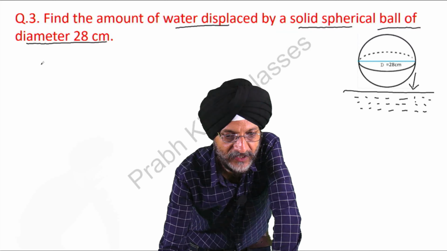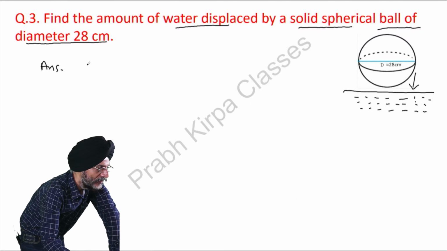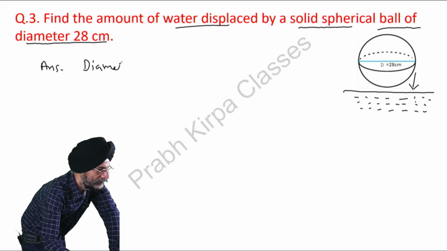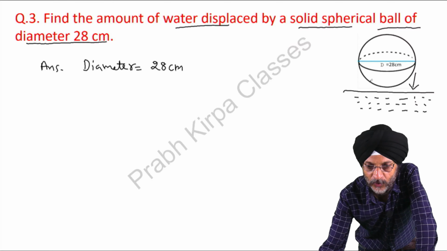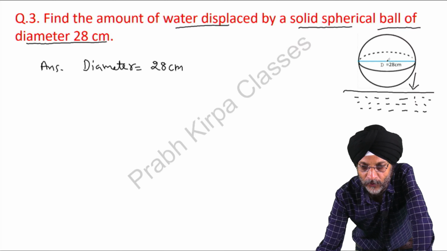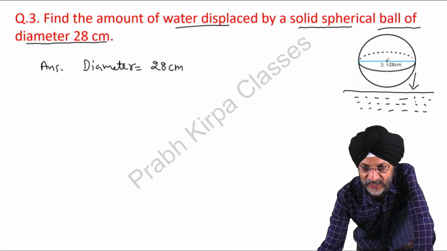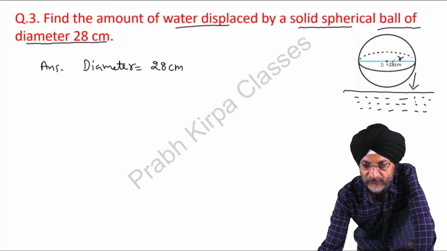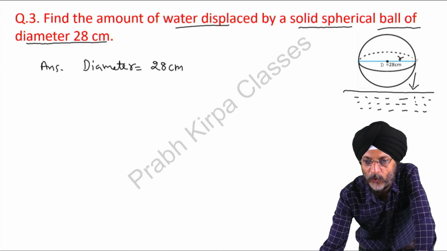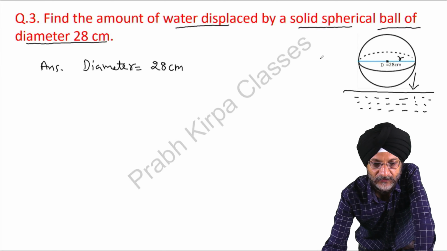So now what is given to us is, we have been given diameter. Diameter is equal to 28 centimeter. You can see here that this is diameter. From this, we know that from the center, this is known as radius, and the distance between the central point and any point on the surface of the sphere is equal.